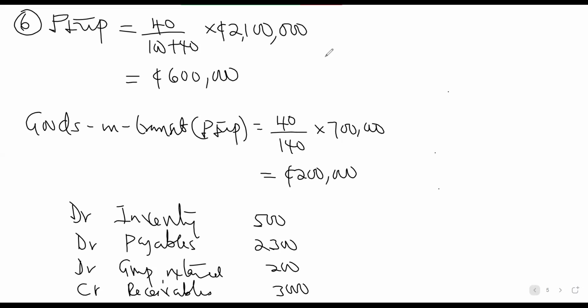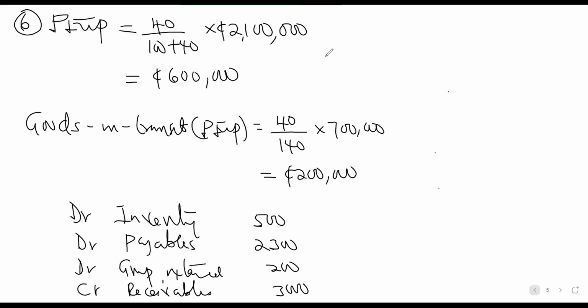So assuming they say you should not pass this transaction, assuming the goods has been received by the subsidiary, you remove the 3,000 from the receivables and remove the balance in the payables, which is 2,300. There will be a difference of 700. The unrealized profit will be 200 on the goods, and the inventory will be valued at cost, which is 500. So that will be the balance on that.